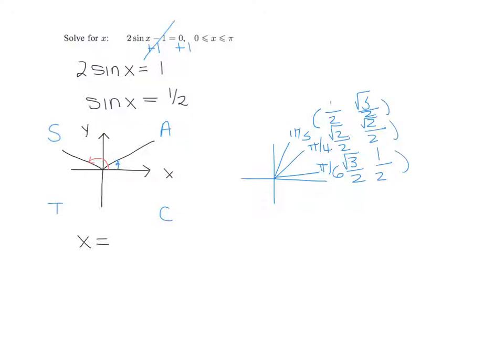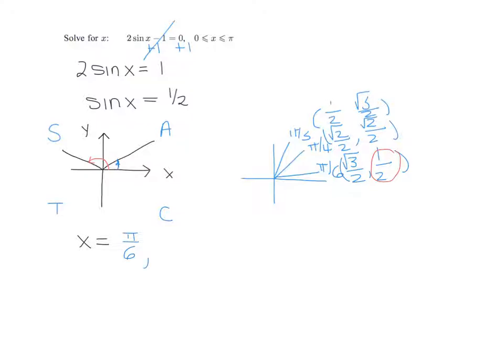So these are the essential coordinates that you need to know for this chapter. So now we can observe that sine, which is a y value, is half at the angle of pi over 6, for the first blue angle in the first quadrant. So pi over 6 is an answer.